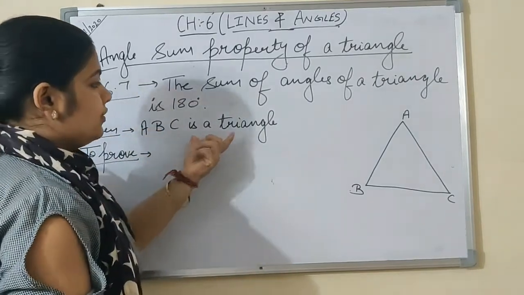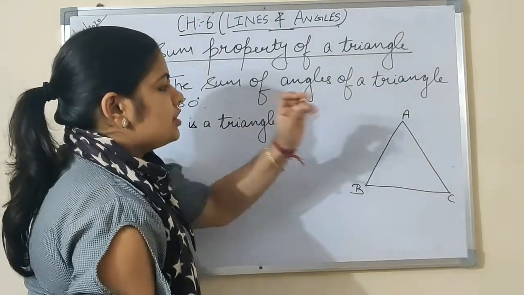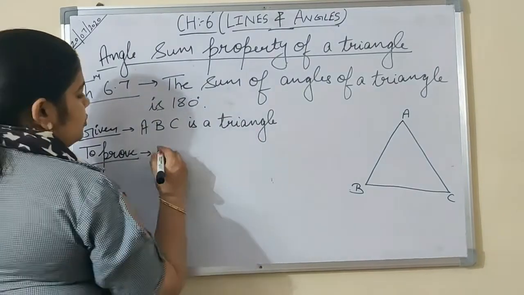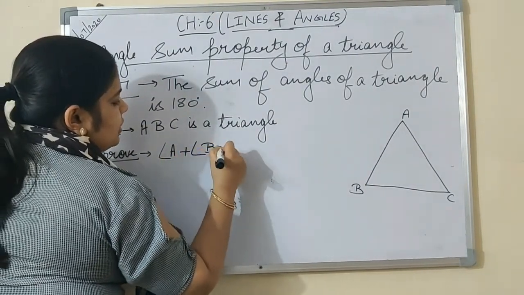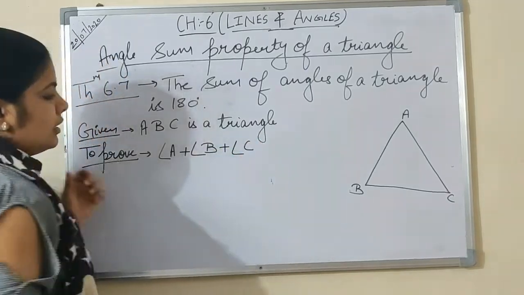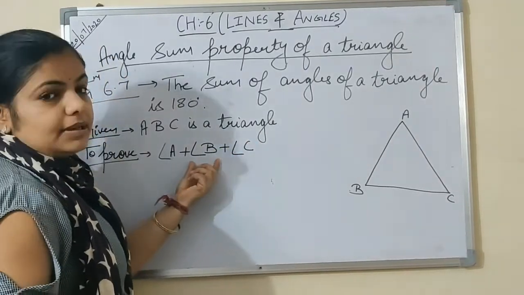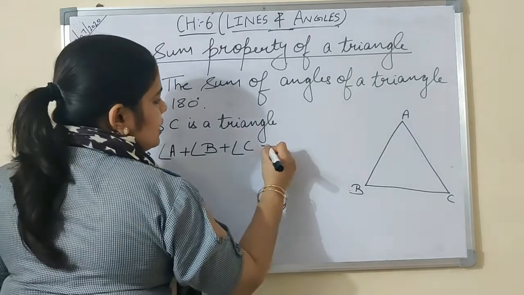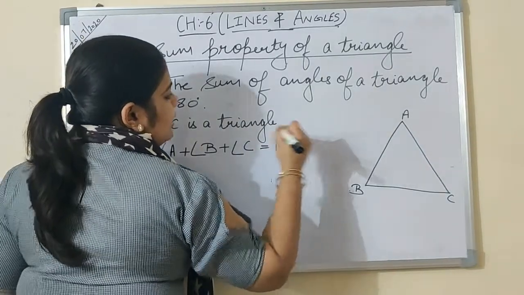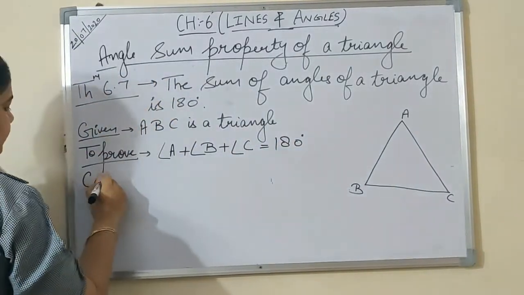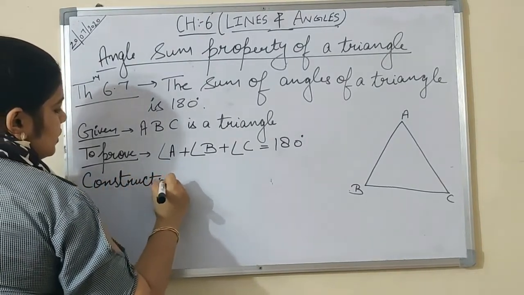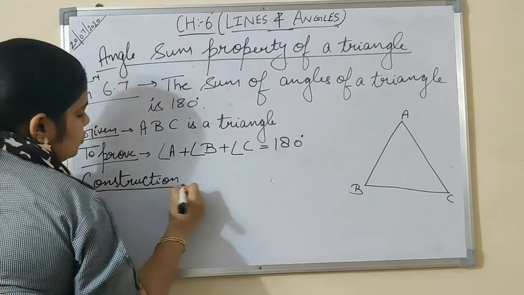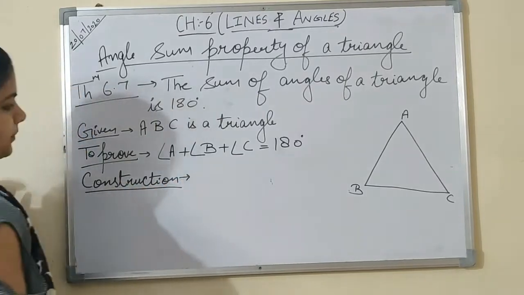Here I have written the given thing, that is ABC is a triangle. Now what is to prove? To prove, as you can see from the statement, we can write that angle A plus angle B plus angle C is equal to 180 degrees. Then we need to do some construction over here.